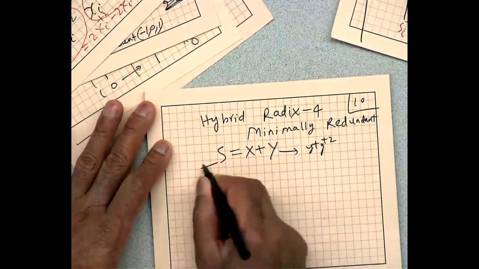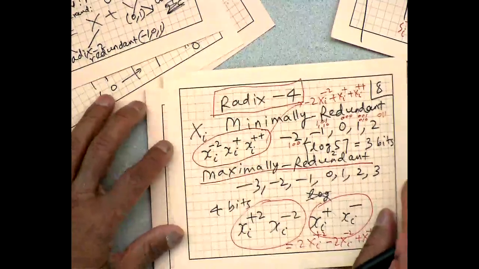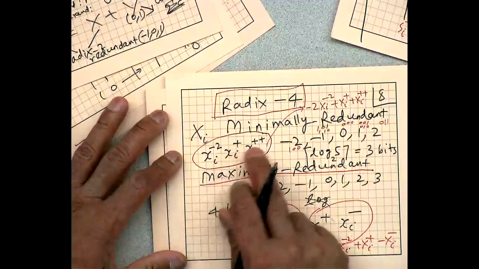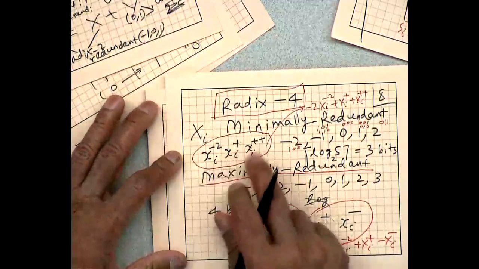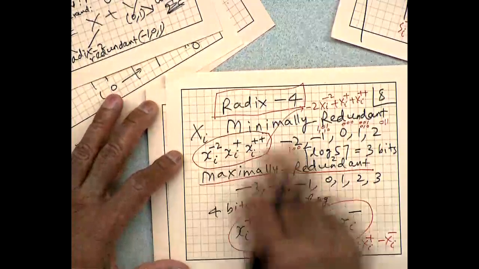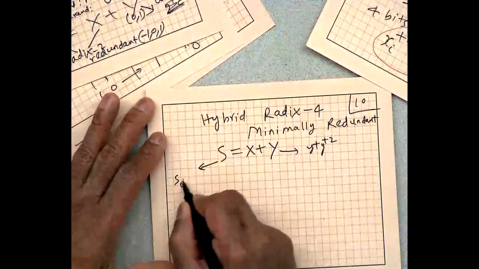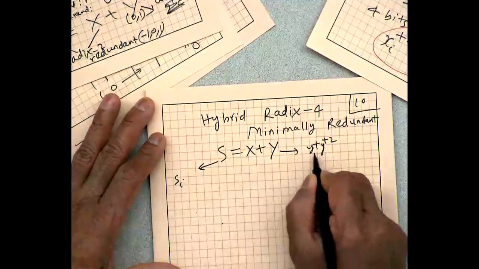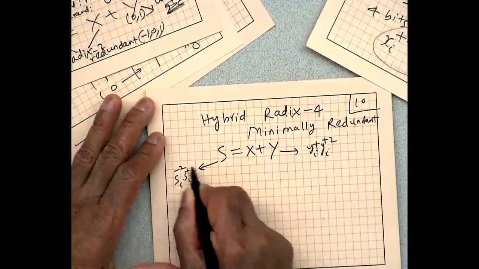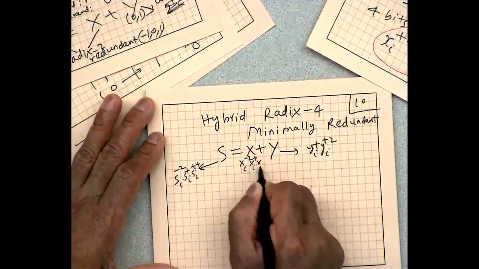S and x are represented using, so the minimally redundant is represented using one bit with weight minus 2, the other two with plus 1 weight, for xi plus and xi plus plus. So this is Si minus 2, Si plus, Si plus plus, and xi minus 2, xi plus, xi plus plus.